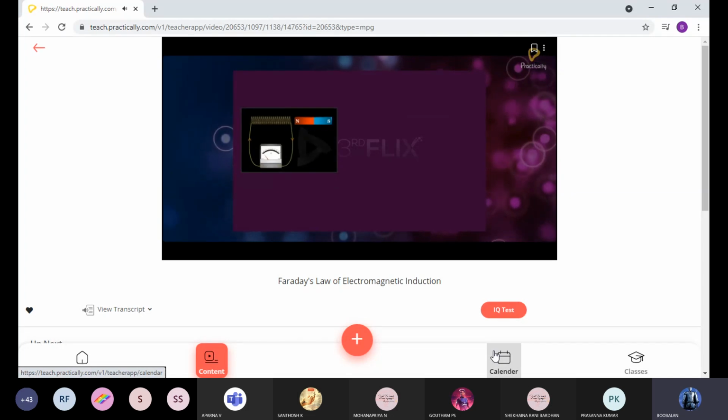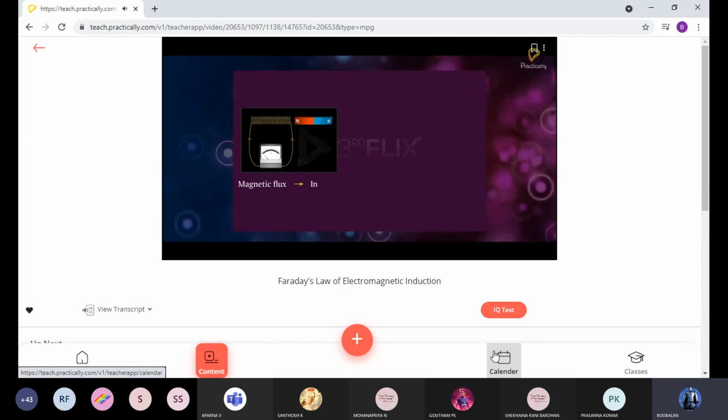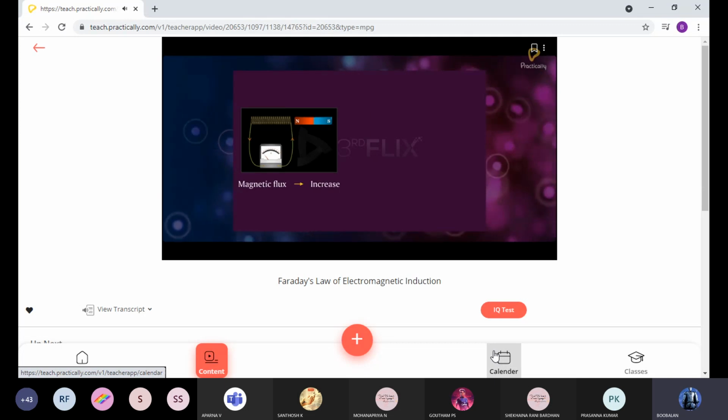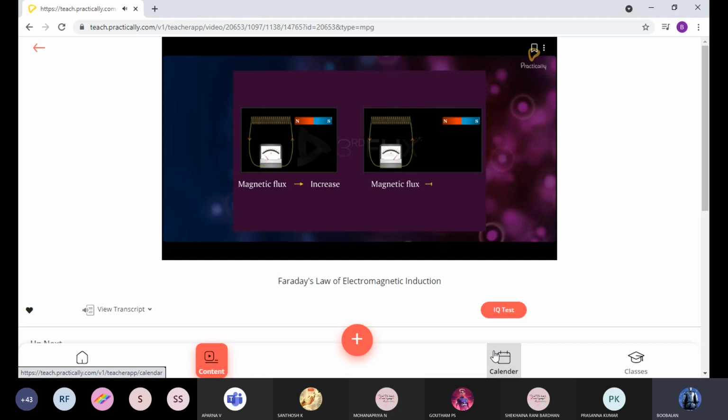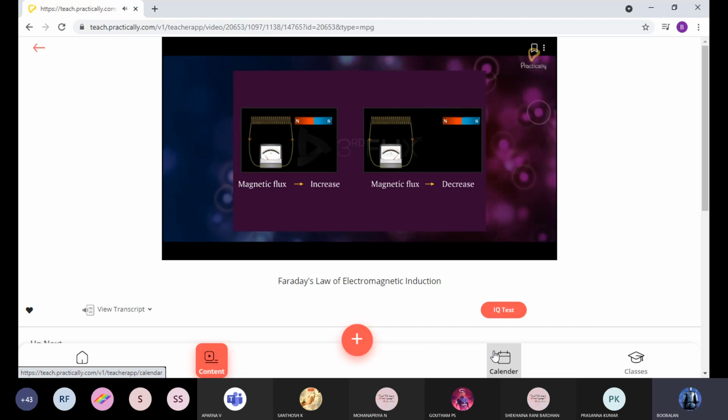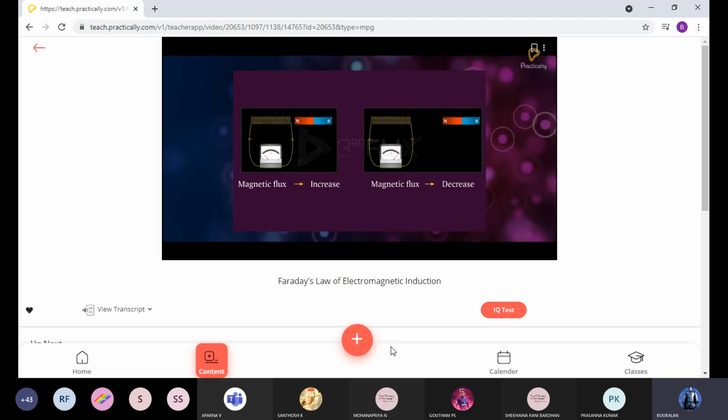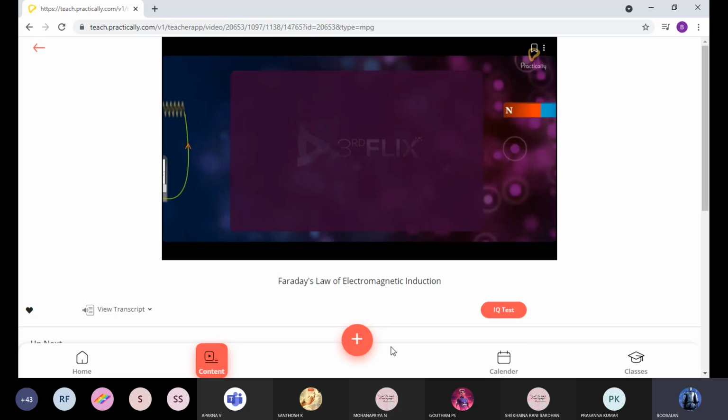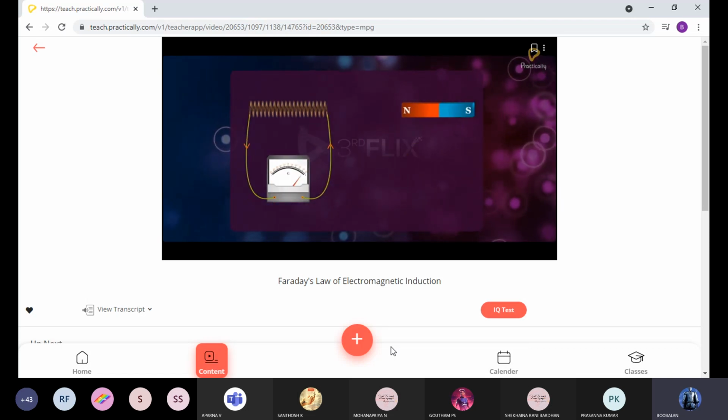In the first case, the magnetic flux increases, whereas, in the second case, the magnetic flux decreases. Toward the coil, magnetic flux is increasing. Away from the coil, magnetic flux is decreasing.